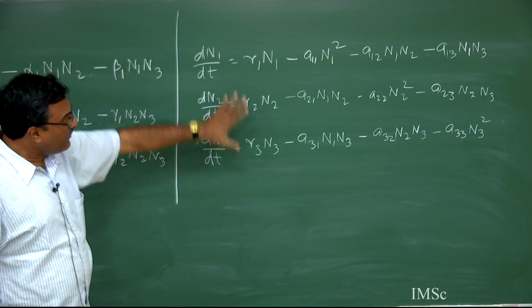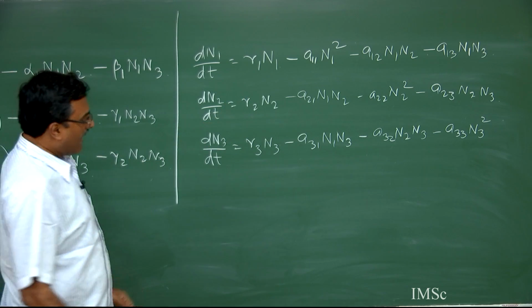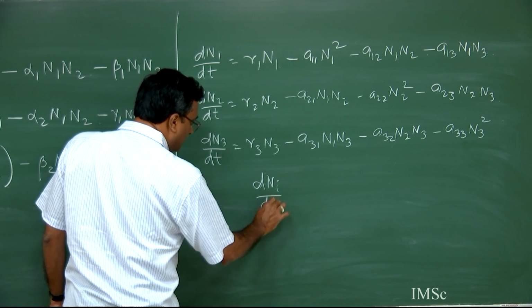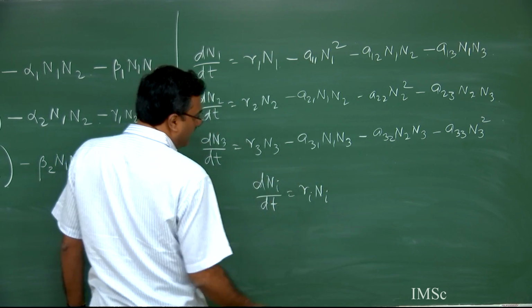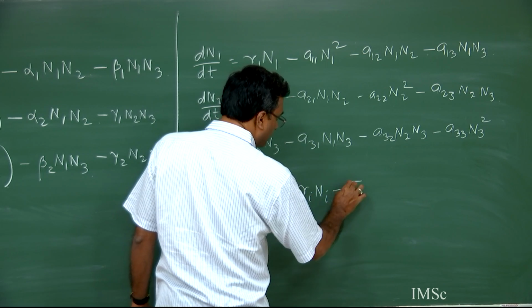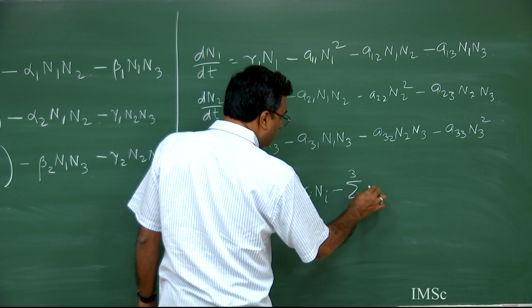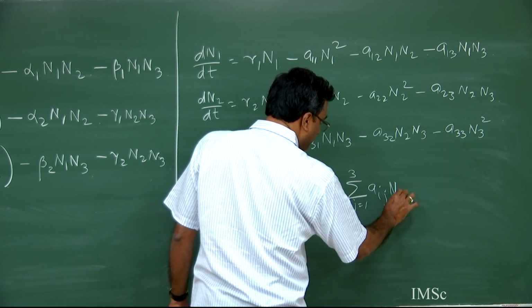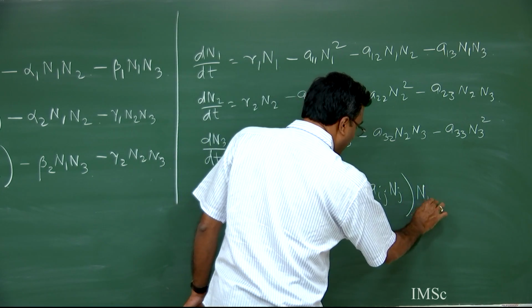So, any one of the equations can be written in terms of general notation as dn_i/dt equal to r_i n_i minus the sum over j running from 1 to 3 of a_ij n_j, this entire quantity multiplied with n_i.